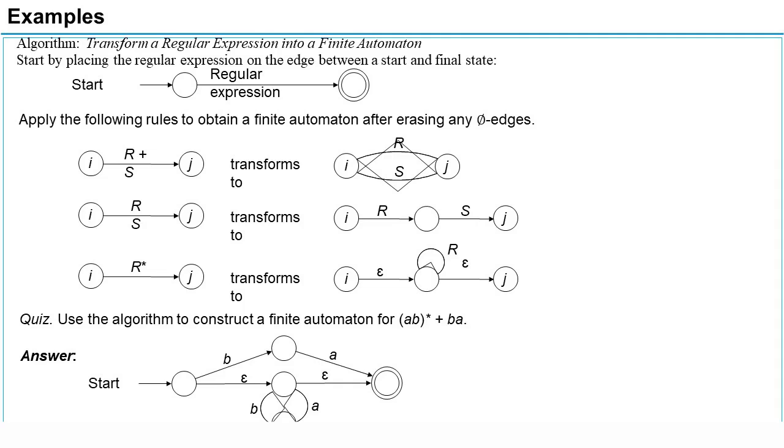For an edge from i to j labeled R plus S, it transforms as in the diagrammatic representation. For an edge from i to j labeled R S, when i takes the input R, it moves to one state, and from that state input S to j. Next, for an edge from i to j labeled R star, i takes epsilon, and when it takes R, it moves to j.